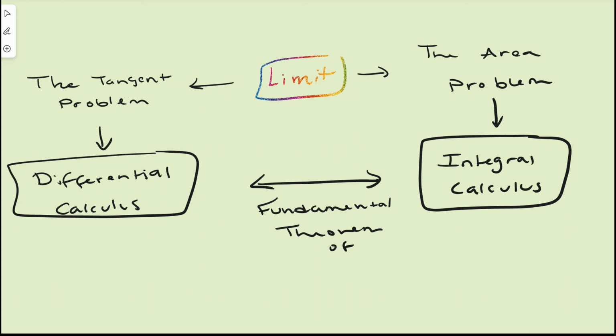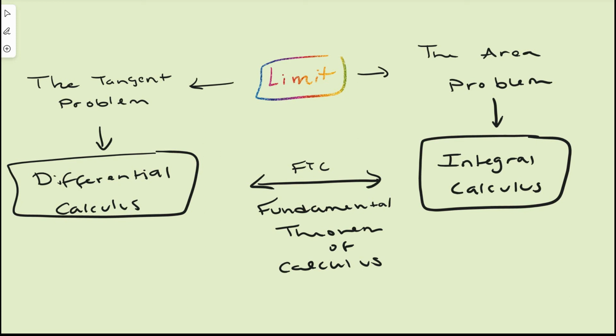And what the fundamental theorem of calculus says, if you can remember, we just call this FTC for short, is that the derivative and integral, or differentiation and integration, are inverse operations. So one undoes the other. They each undo each other, right?